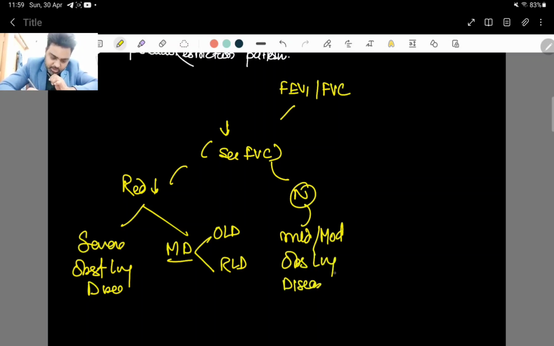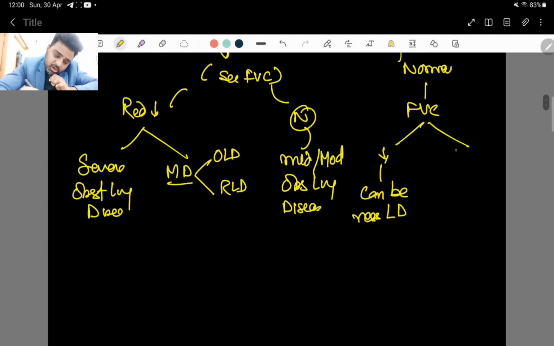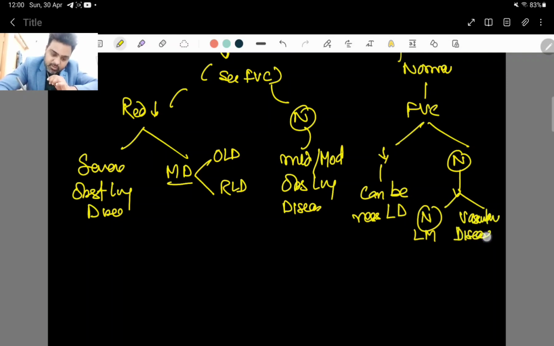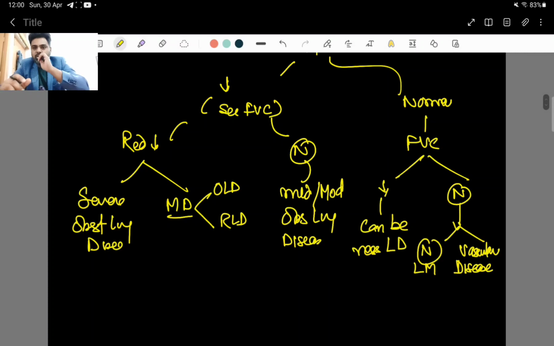This I have already explained. If FEV1 by FVC is normal, then look at FVC. If FVC is reduced, then it can be restrictive lung disease. Or if FVC is normal, then the patient can have normal lung mechanics, or the patient can have vascular disease. This we have already studied.